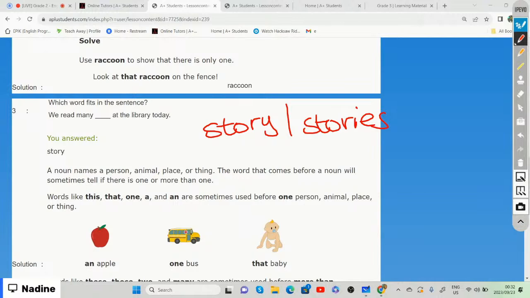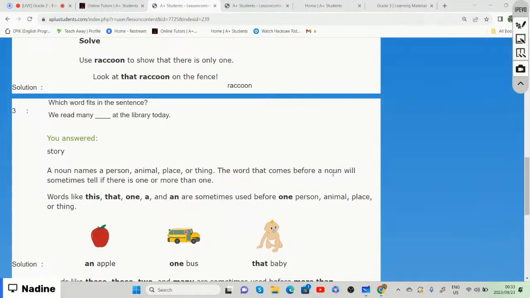All right, so if we say we read many stories, many means more than one. So it is not story, so we are saying many stories. Right? Many stories because it shows more than one. Actually, many is a lot. Definitely more than one, but it is a lot. Right? Stories shows that it was more than one story that they read at the library.